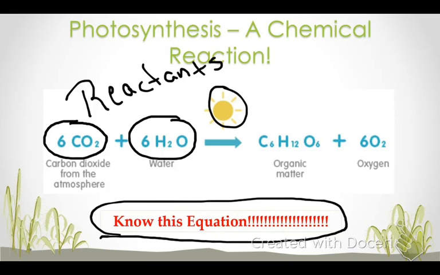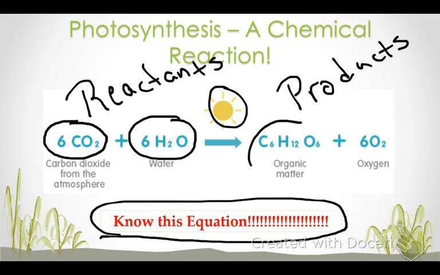And then over here on the right side we have our products. And you can see that we need C6H12O6. We just talked about that. The name of that is, I hope you remember, glucose. That's really the goal of photosynthesis, to make that glucose.